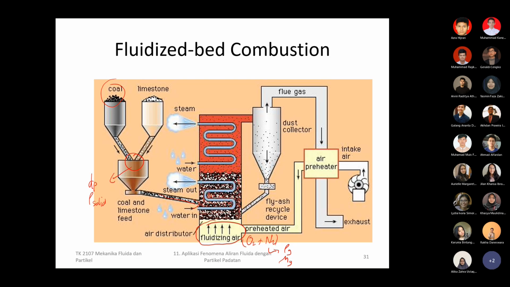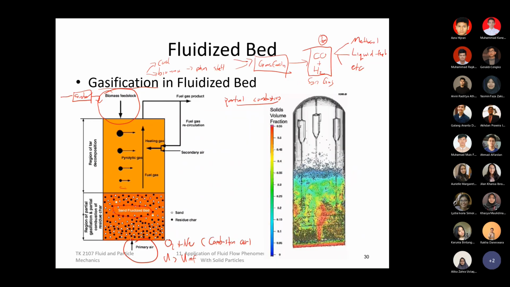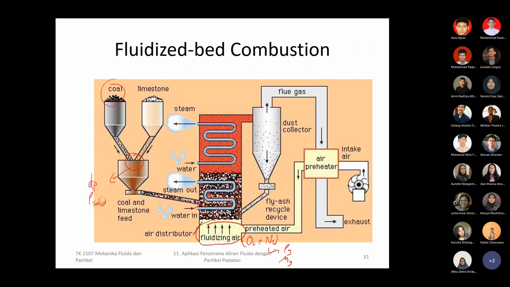So it's a bit different when you see this slide 31 and the next slide 32. Why? Because over here the solid is actually consumed. When we have combustion, that means we burn coal plus oxygen into CO2 plus H2O, so C is actually consumed.